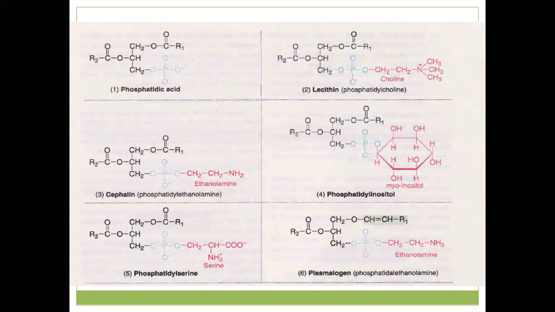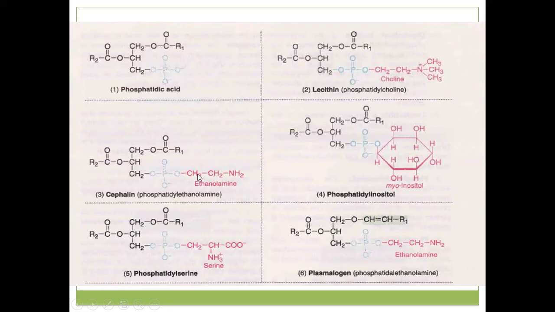This is the phosphatidic acid I was talking about, where at carbon 1 we have a fatty acid esterified, at carbon 2 we have another fatty acid, while at carbon 3 we have a phosphate group, and we call this phosphatidic acid. To this phosphate group, many groups can be added, which I said could be choline or ethanolamine. When choline is added, it is called phosphatidyl choline, as in this case. Phosphatidyl choline is also called lecithin.